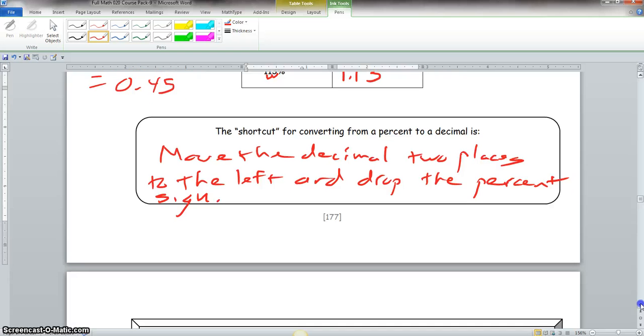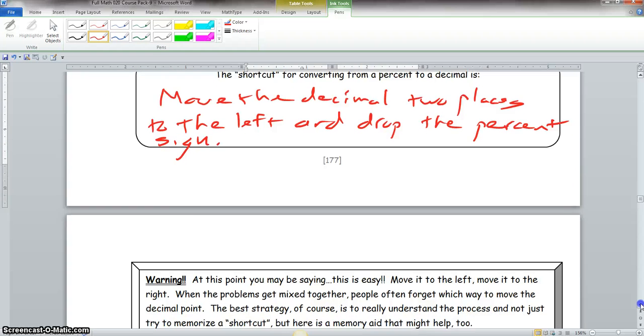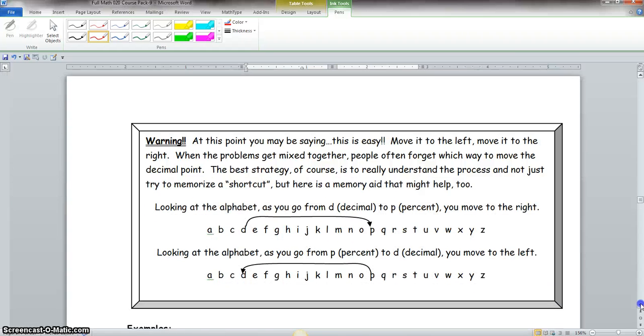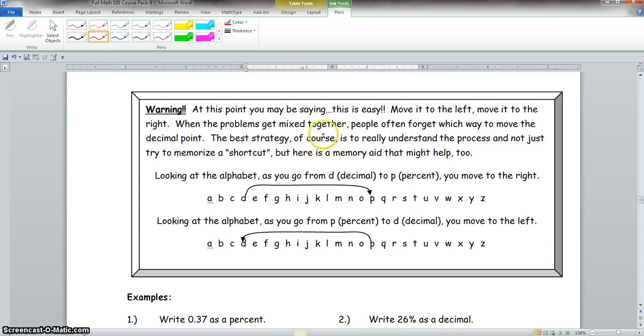Okay, now it says warning. At this point, you may be saying this is easy. Move it to the left, move it to the right. When the problems get mixed together, people often forget which way to move the decimal point. The best strategy, of course, is to really understand the process and not just try to memorize a shortcut. But here is a memory aid that might help too.